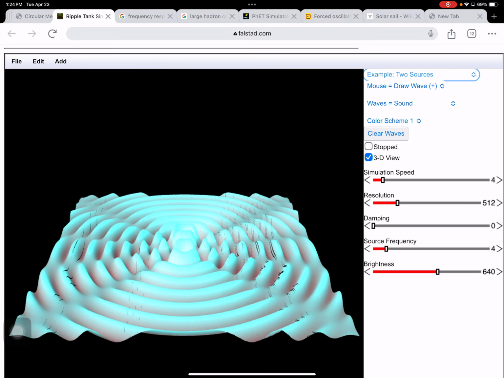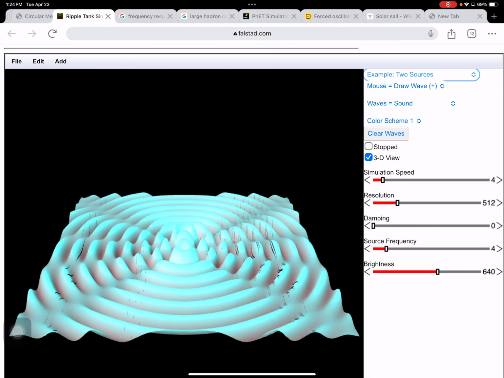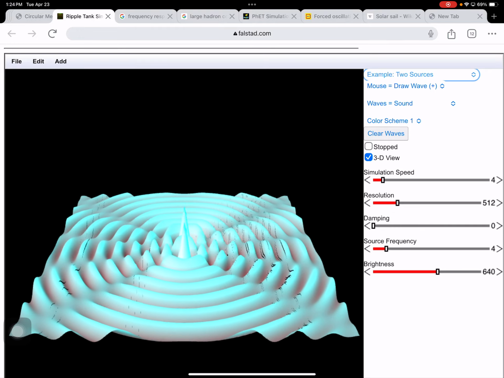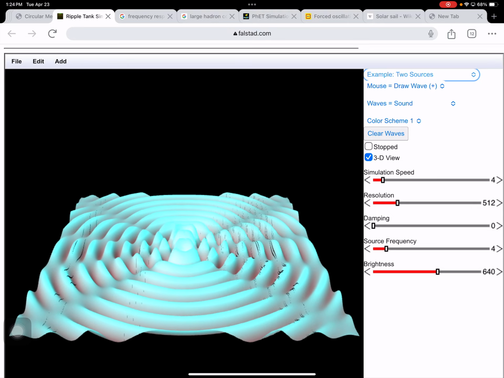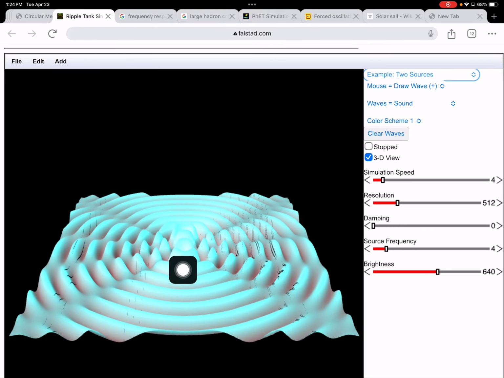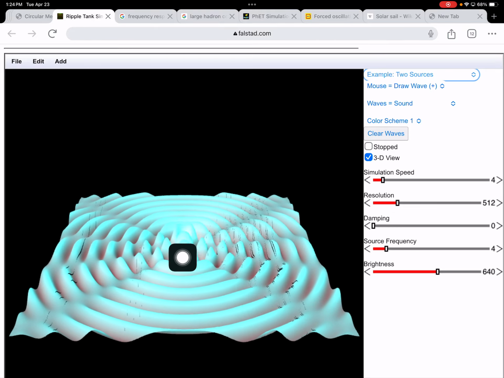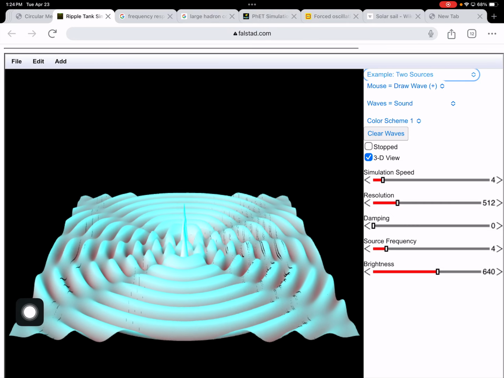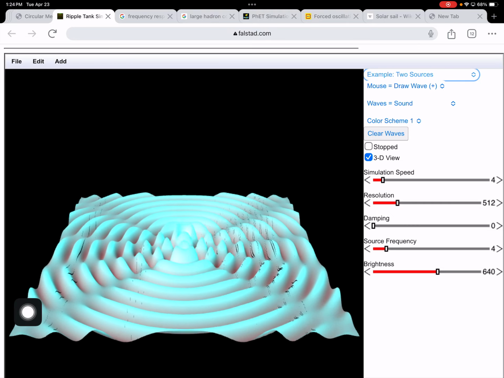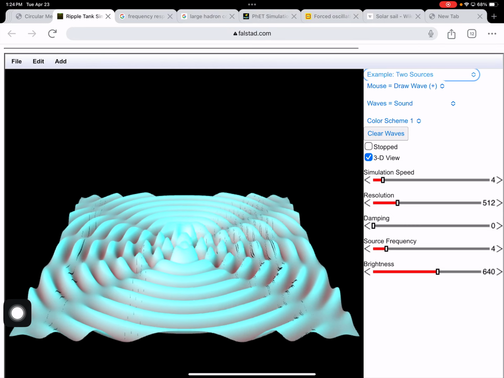Why would you be interested in something like this? So this is a performance hall. These are two speakers, a stereo speaker, and this is where you want to put the most expensive seats. You don't want any destructive interference.